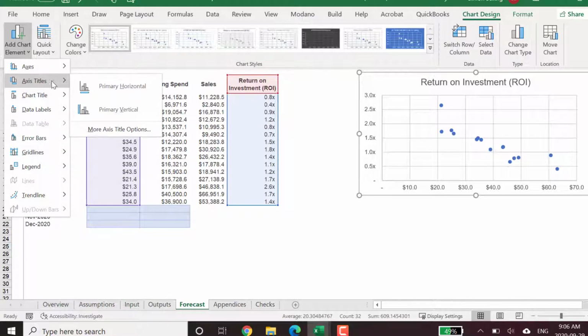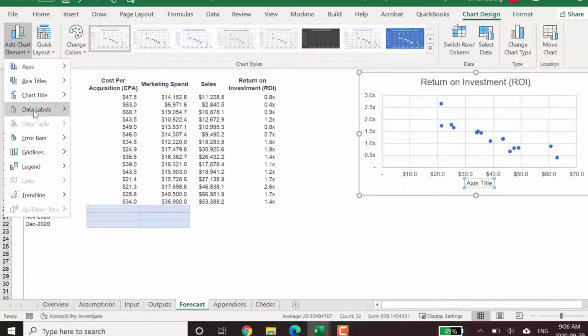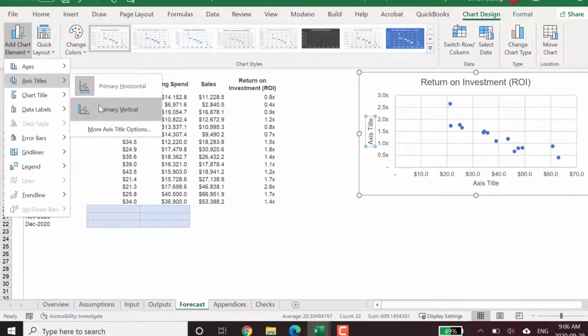Clearly, a scatter plot is not an exact presentation of data, hence our forecast ROI formula will be an approximate computation of its relationship to CPA or the x-axis dataset.